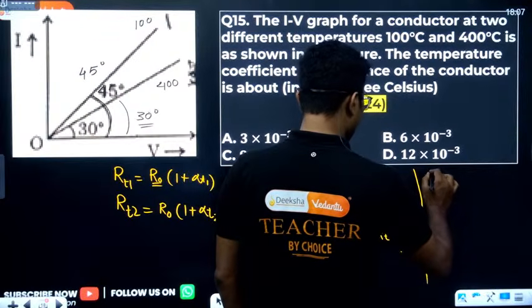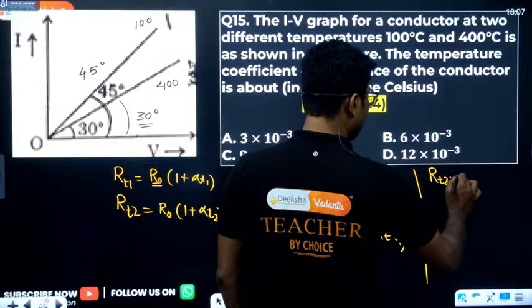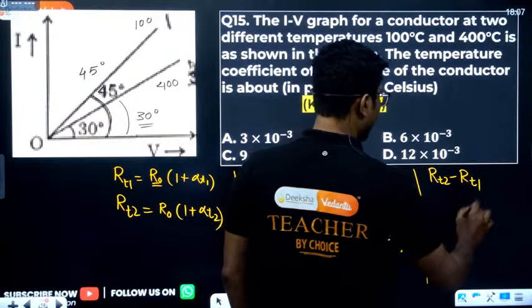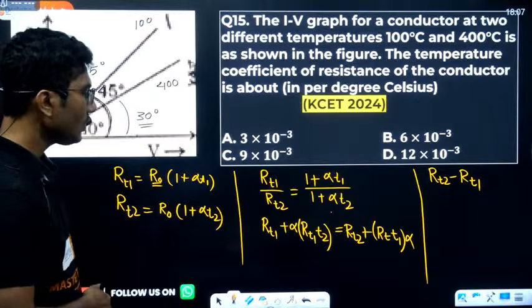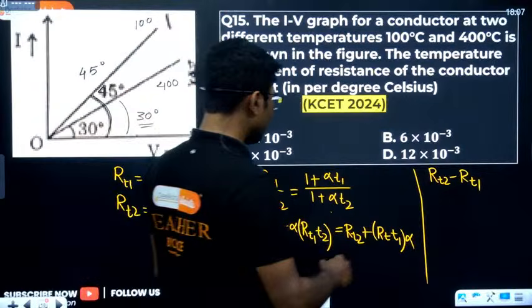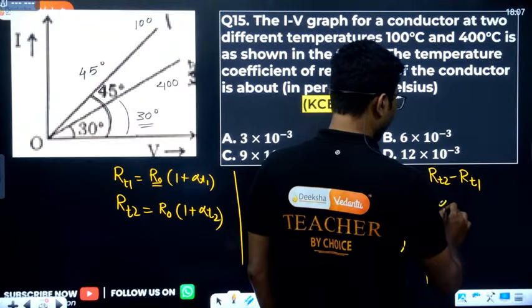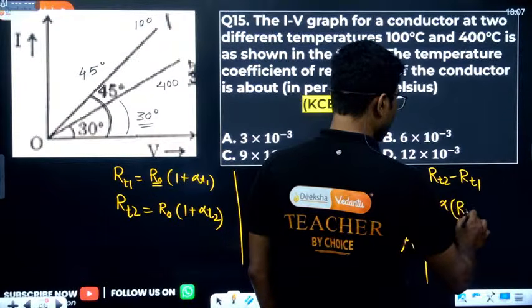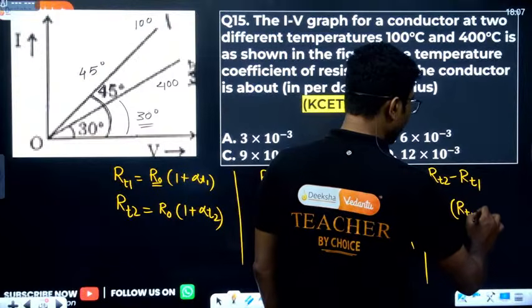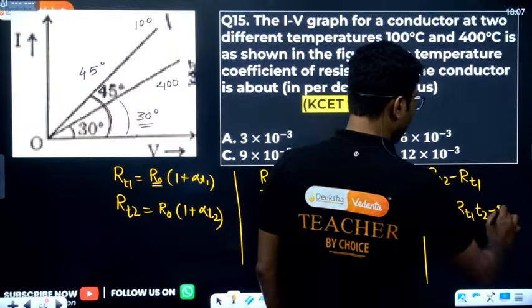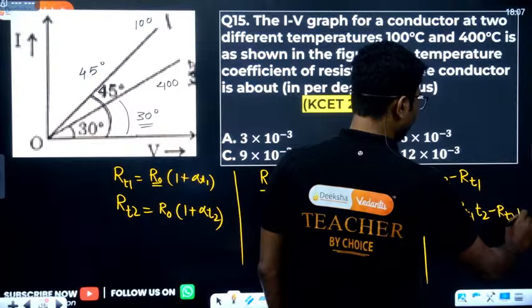So you get RT2, obviously at higher temperature it is bigger, RT2 minus RT1 equals alpha into RT1 T2 minus RT2 T1.